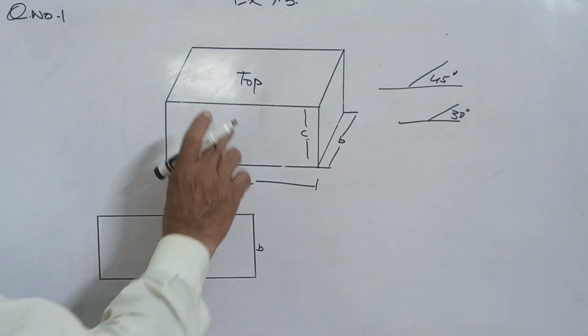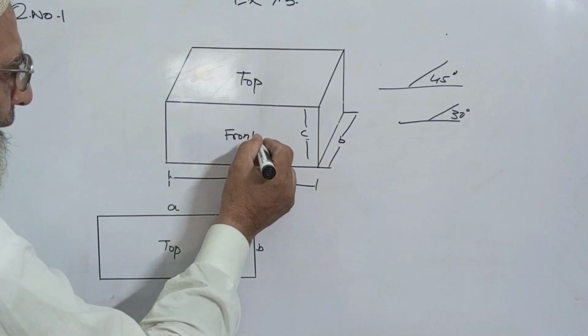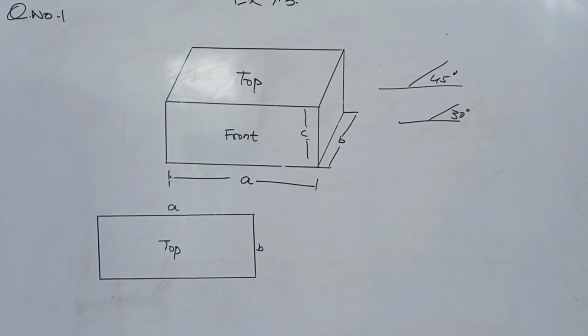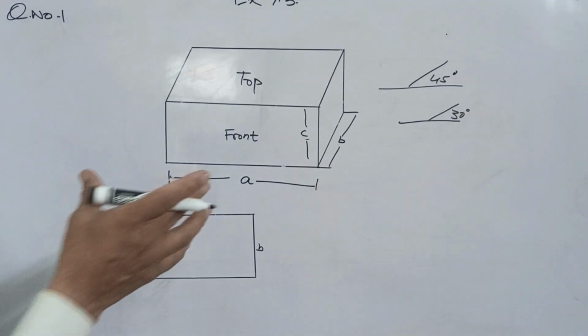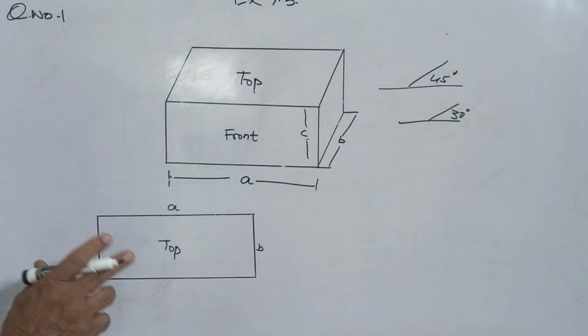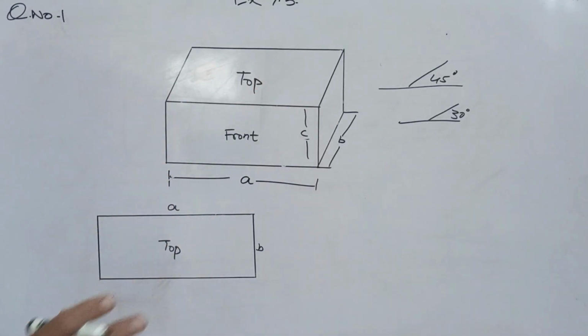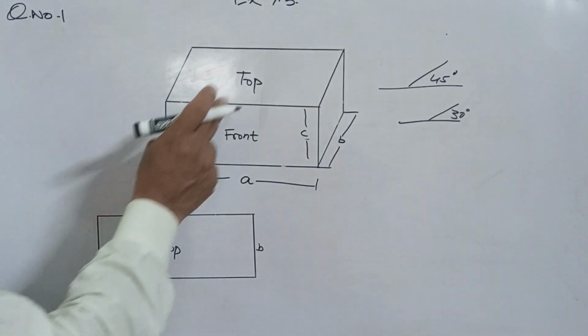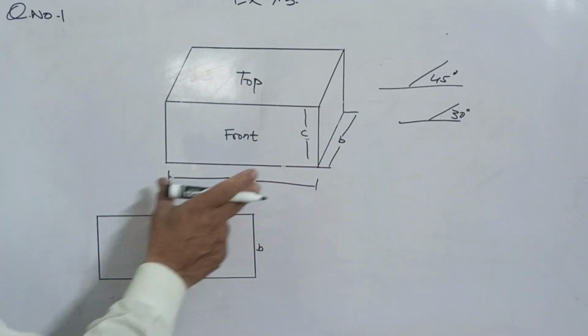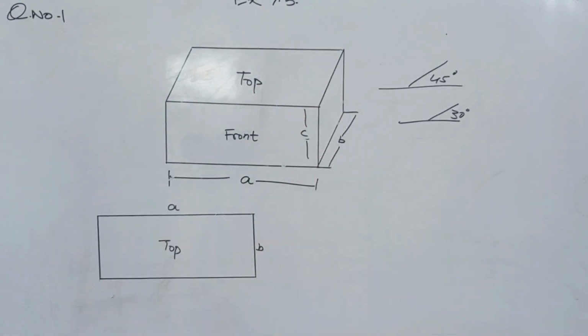Now I will draw this part, which is the front. You can call it the elevation. Now the front consists of two dimensions. Each figure which will be transformed here will carry two dimensions. You see that this carries A and B. Now this will carry C and A. A has already been drawn.